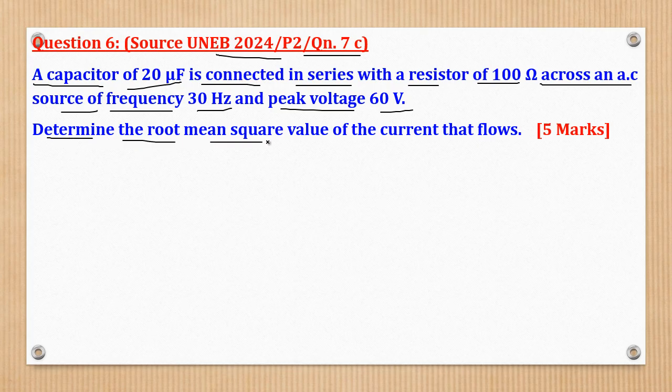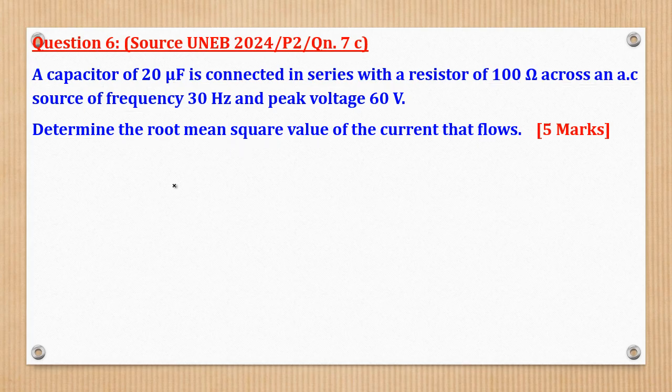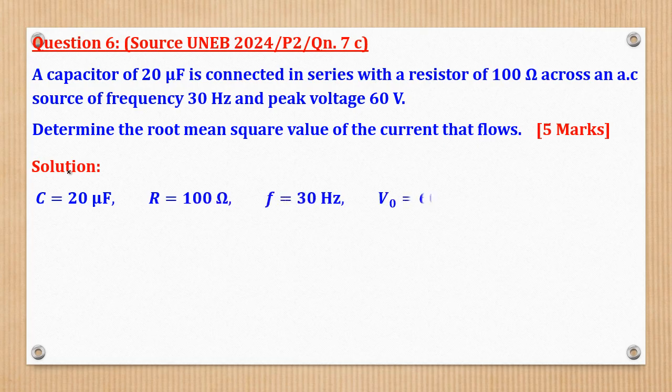Determine the root mean square value of the current that flows. So here we have the capacitance, the resistance, the frequency, and the peak. Here they have specified, that's what I've told you. When they don't specify, it is an RMS value. But here they have told us peak voltage.